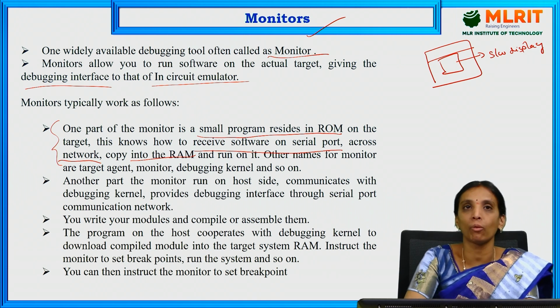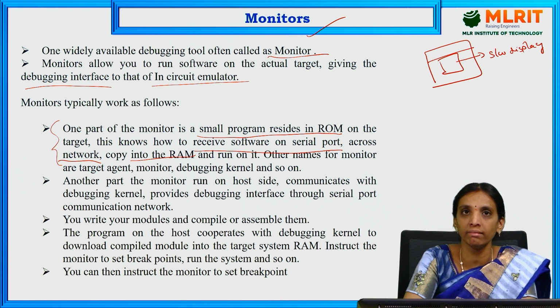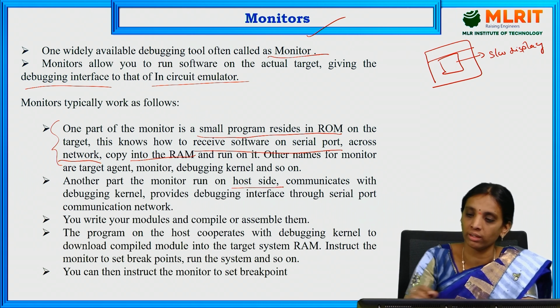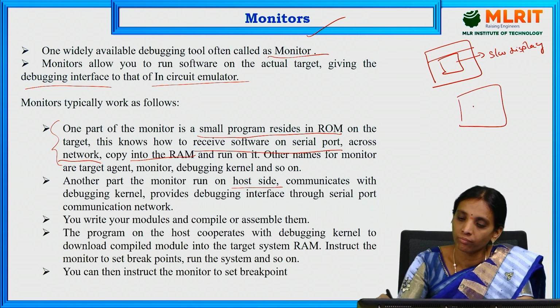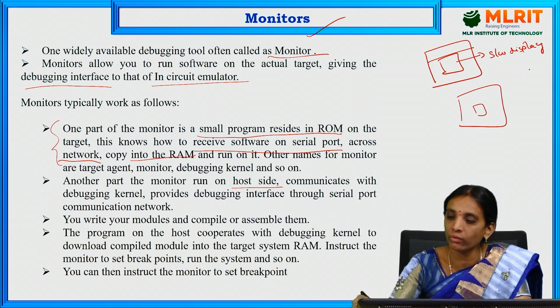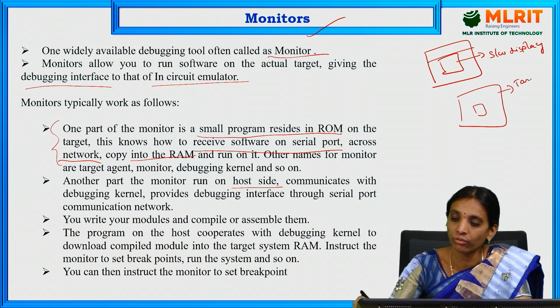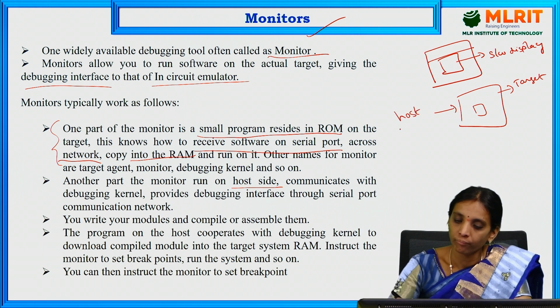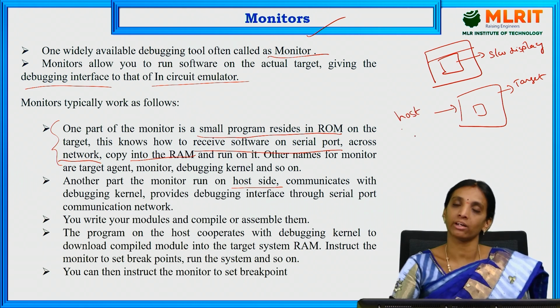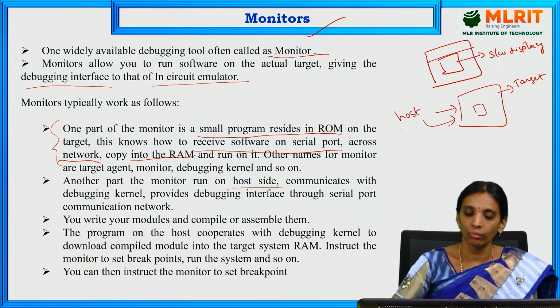Another part is the one which runs on the host side. Before going to the actual target, it is used as the virtual target, and here we need to give the program and the connections from the host machine to this monitor.